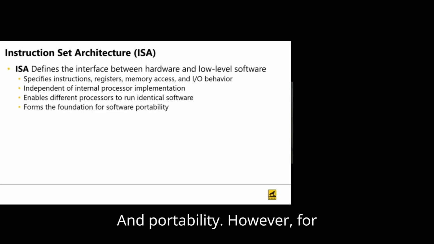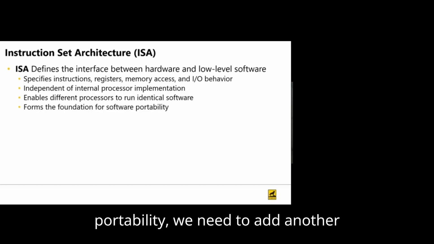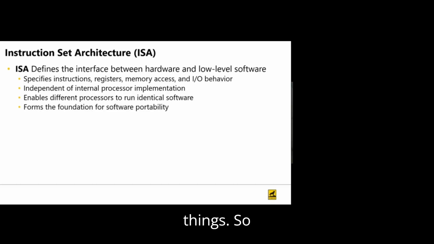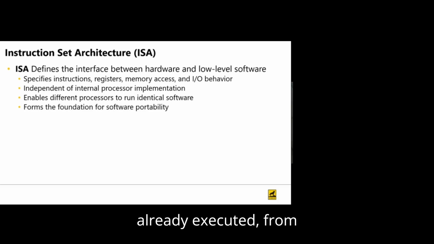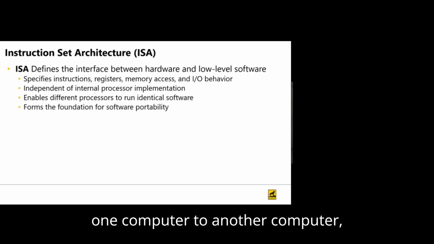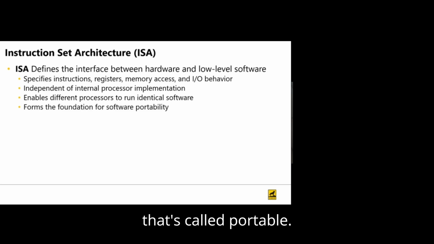And portability. However, for portability, we need to add other things. So portable software means you can execute an application that is already executed on one computer on another computer. That's called portable.